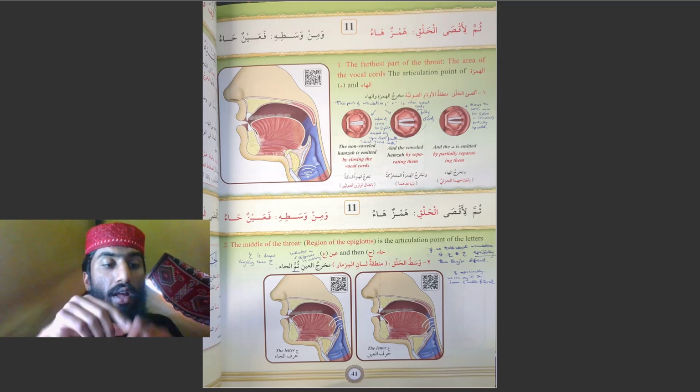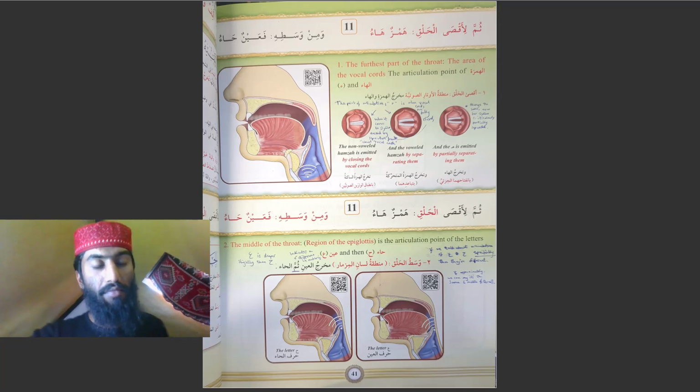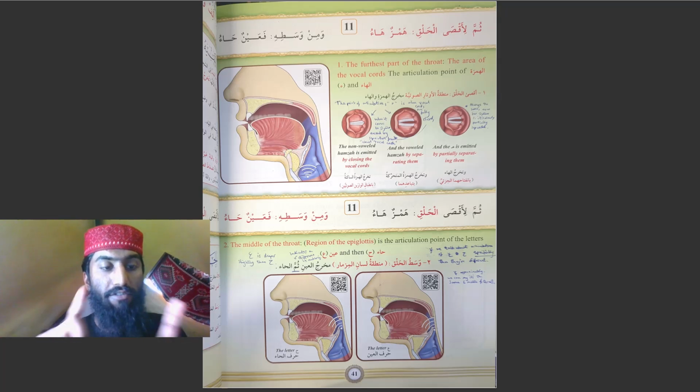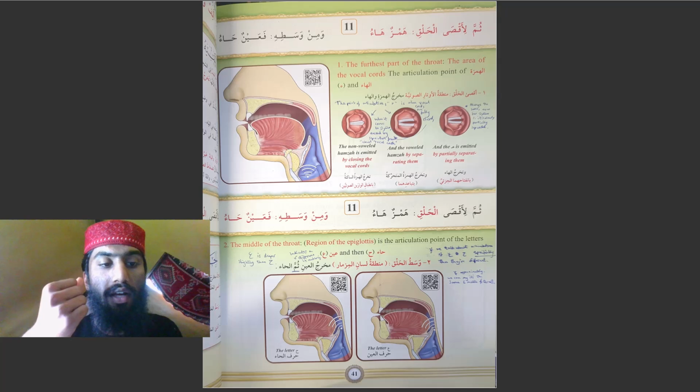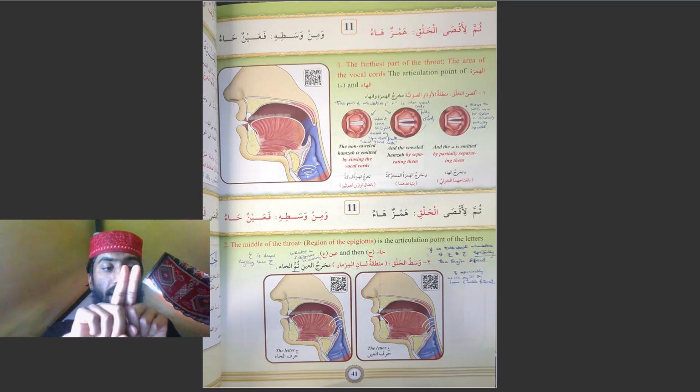The articulation of Alif. Yeah? So Alif is the second articulation. So the sound is Hamzah. Leave that, separate from it. That's Alif. So you separate to get to that second articulation.